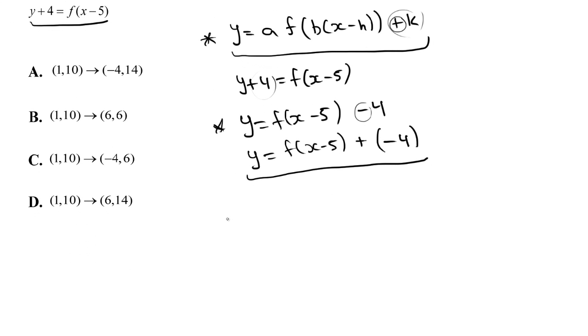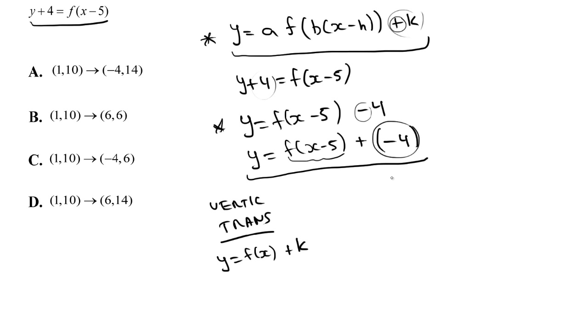So let's look at the vertical translation first. The vertical translation always happens when you have some kind of function and plus k. Here's our k value. Whenever k is greater than 0, it shifts up, and whenever k is less than 0, it shifts down.